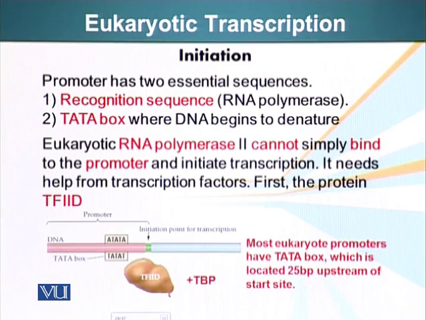So transcription factor 2D arrives at the location. This transcription factor also has a component called the TATA binding protein, which binds the TATA box, which is depicted right here. And this is the starting point for the transcription.